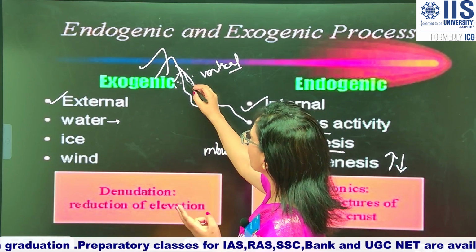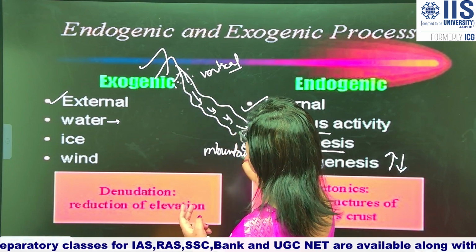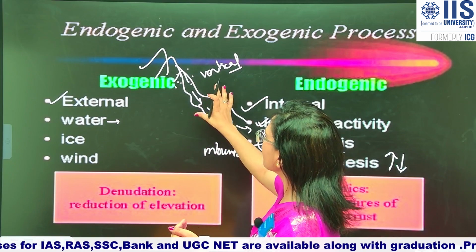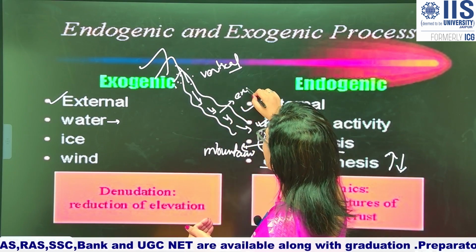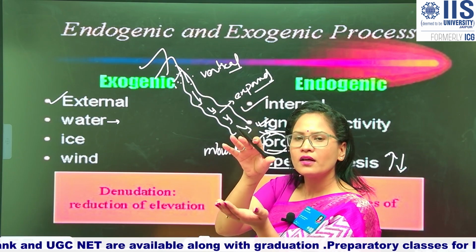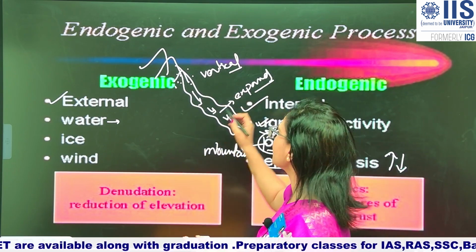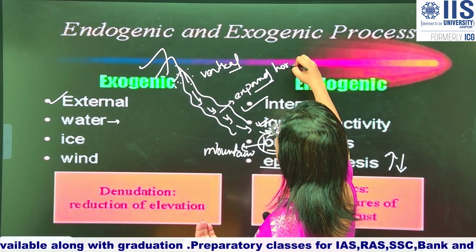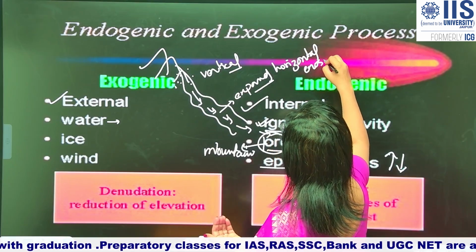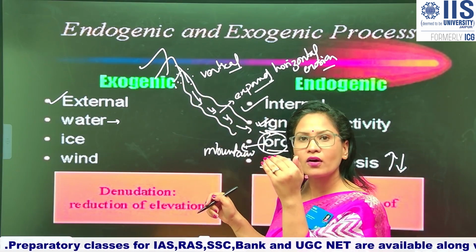But when it moves along the path towards the slower regions, then it will expand itself, right? Then the vertical erosion will be converted into horizontal erosion, right?